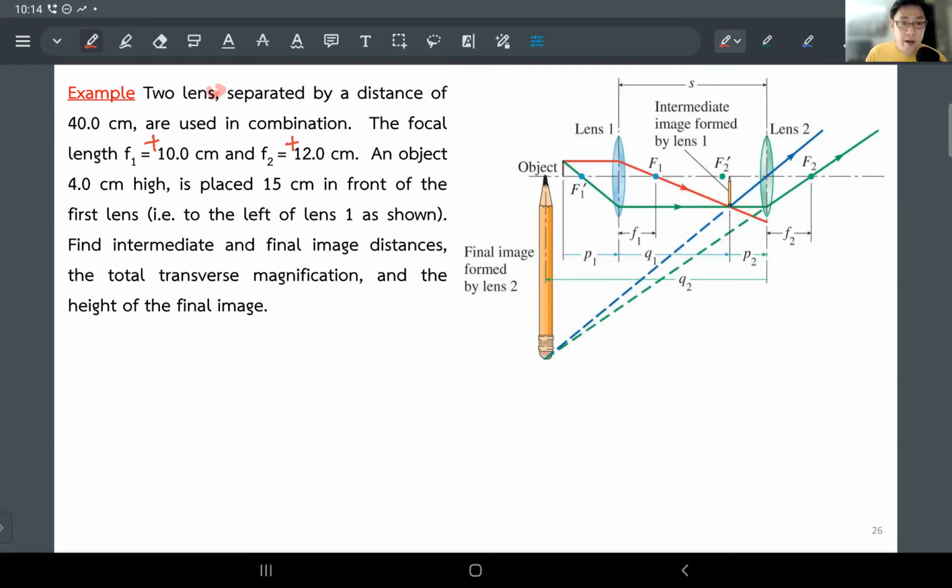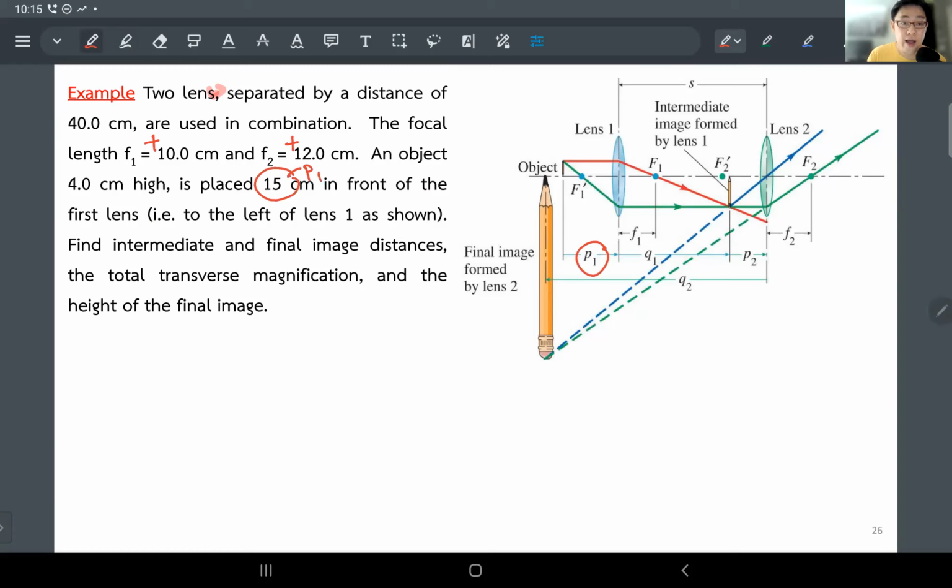Now, the object, 4 centimeters high, is placed 15 centimeters in front. That 15 centimeters is going to be your P1, your object distance for the first lens. It is already given there, so you can mark it as P1 in front of the first lens.